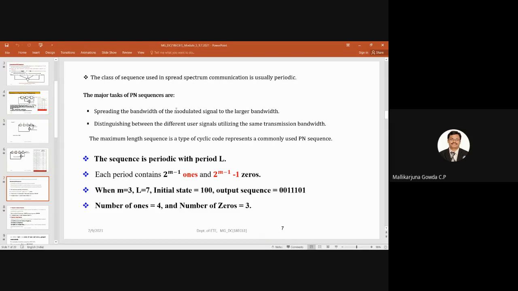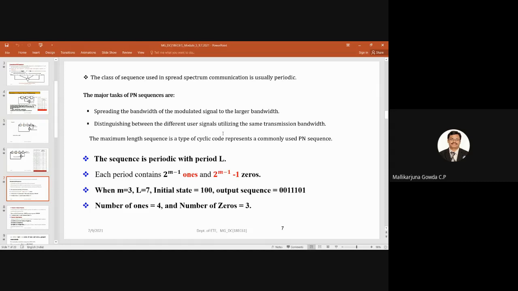The major task of the pseudonoise sequences is spreading the bandwidth of the modulated signal to a larger bandwidth, and distinguishing between the different user signals utilizing the same transmission bandwidth, because every user will be using the same bandwidth. So this sequence will be able to distinguish the information from one user to another.